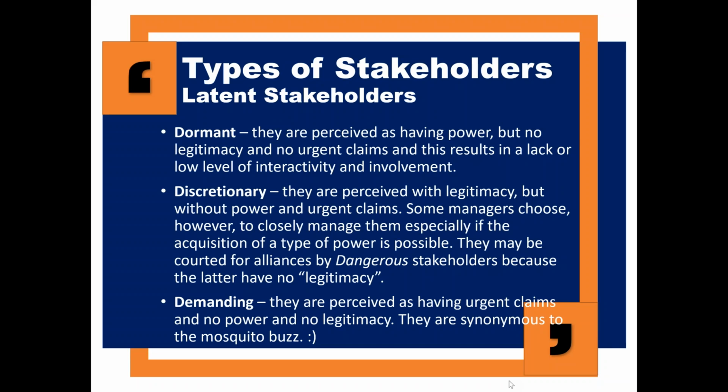Naturally, latent stakeholders are those which do not overlap with anyone else. So latent stakeholders, dormant, they are perceived as having power, but no legitimacy, no urgency, as I said earlier. Discretionary, they are perceived with legitimacy, but no power and no urgency. Demanding, as we said, no power and no legitimacy.